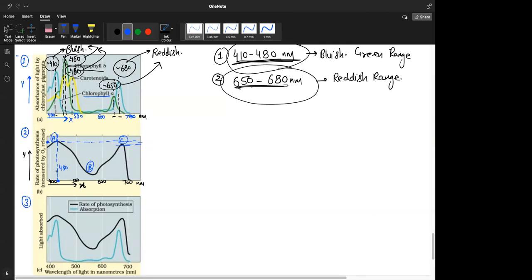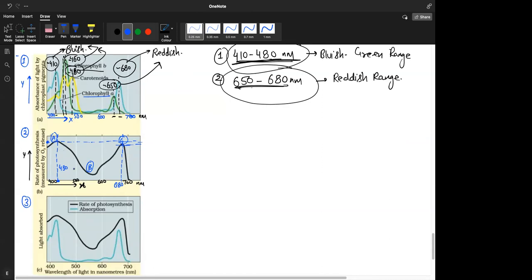Yes. This graph tells that at around 430 nanometer of wavelength, when you give a plant 430 nanometer wavelength of light energy, it shows the maximum rate of photosynthesis. And then the second highest, it shows at around 680 nanometers. So there are two peaks for maximum rate of photosynthesis, which is measured by oxygen release.